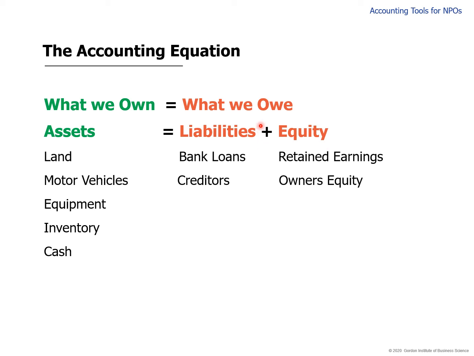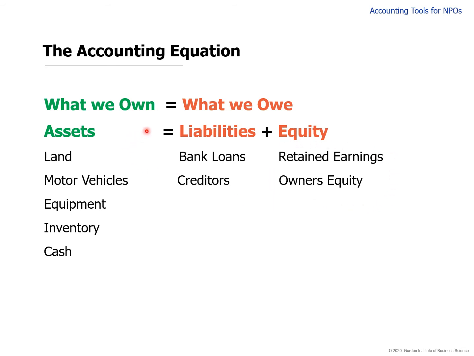Your liabilities, for instance, could be things like bank loans or creditors, whilst your equity typically relates to the owner or shareholders, or in the case of non-profit organizations, we simply refer to those things as your net assets, which will eventually be passed down to your beneficiaries.